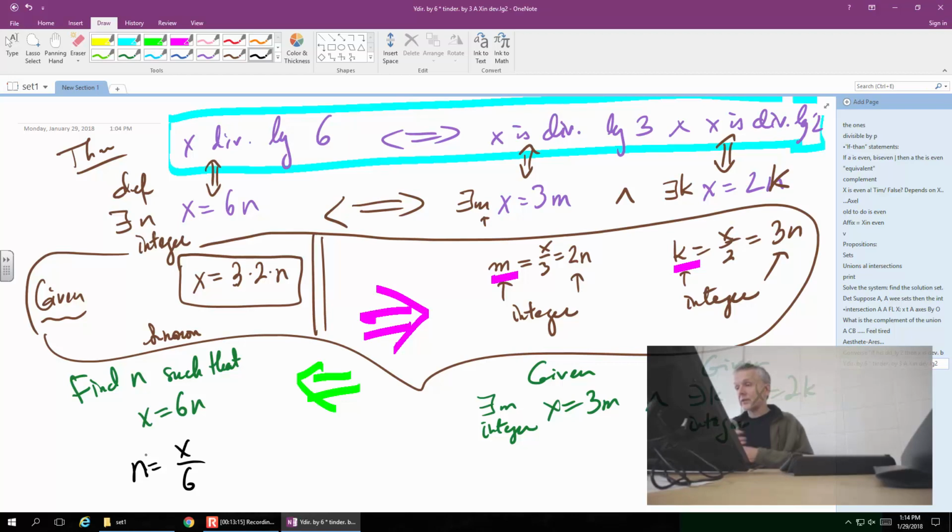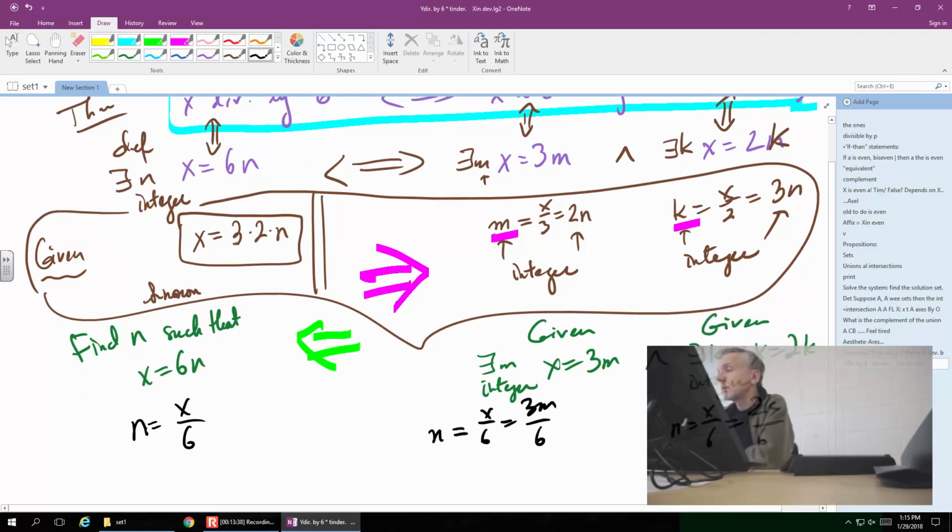So let's investigate that. x is equal to 3m. So n will be, based on the first half on the right, x over 6 becomes 3m over 6. And secondly, n is also equal to 2k over 6.